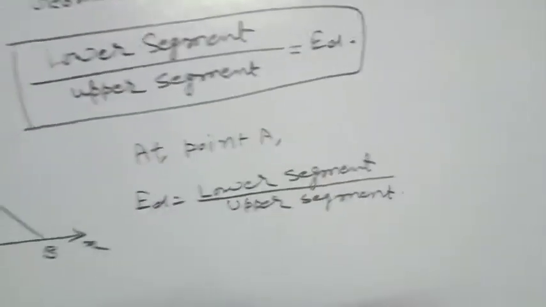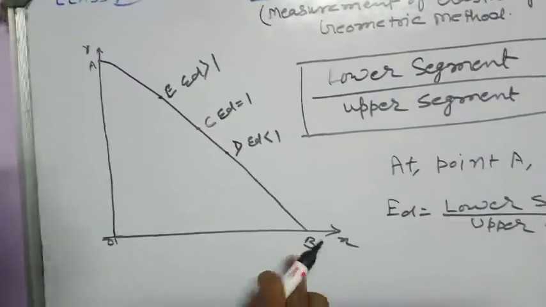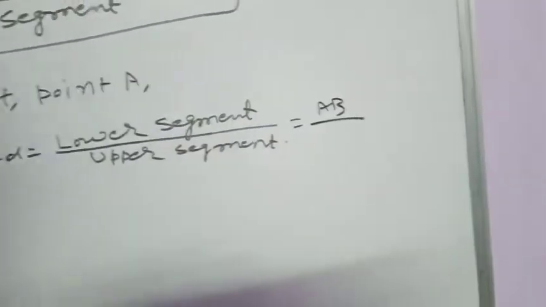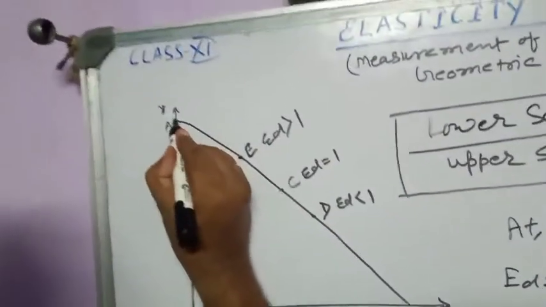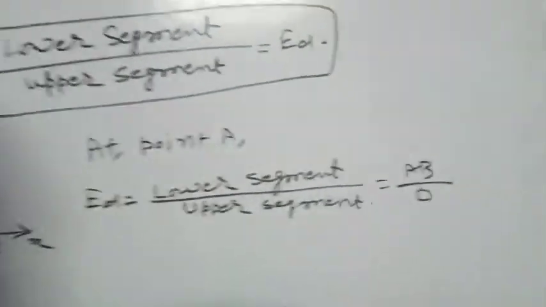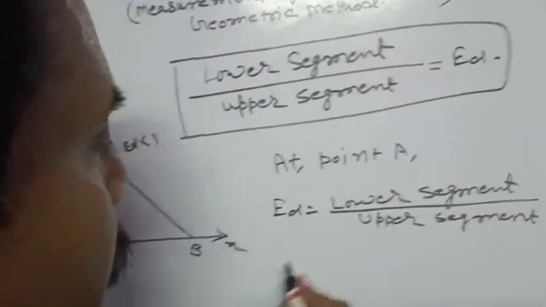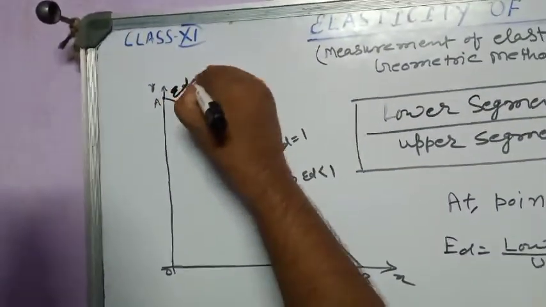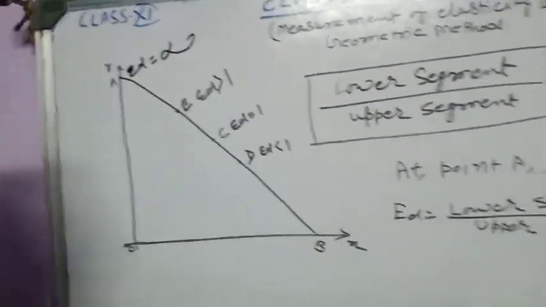So what will happen? Lower segment is AB and upper segment at point A, that is 0. So here any number divided by 0 will become infinite. Okay, so here ED is equal to infinite.